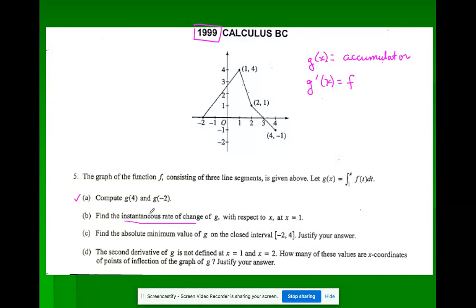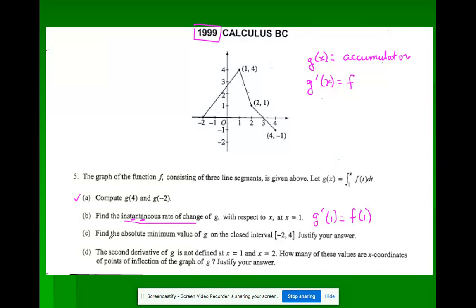Find the instantaneous. What does that mean? Instantaneous. What is that? Derivative, right? So what is this actually asking you? What is the derivative at what number? Well, we've done this before, since by the first fundamental theorem, G prime is what? So you're just reading. So I don't think that problem, you've seen that problem before, you just haven't seen it written in words. We just did a problem like this.